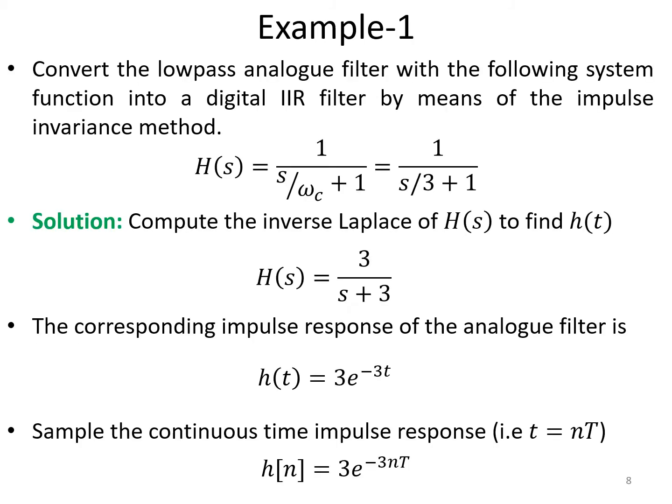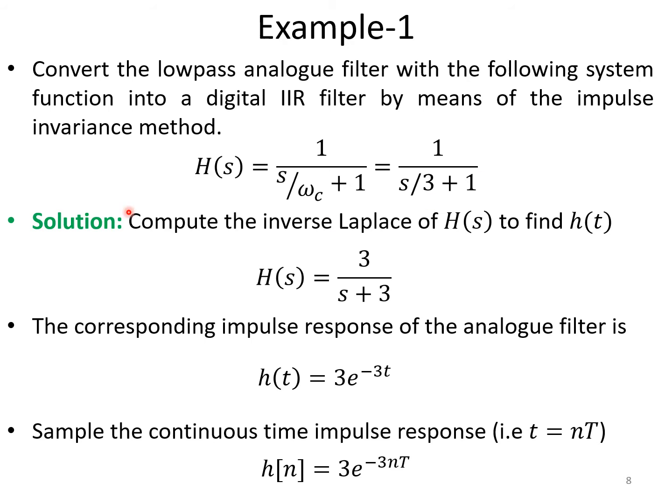So let us start with an example. In this example we are given a low pass analog filter with a cutoff frequency of 3 radian per second, and let us convert this transfer function into a digital IIR filter using the impulse invariance method. This analog transfer function is also referred to as the low pass filter prototype.